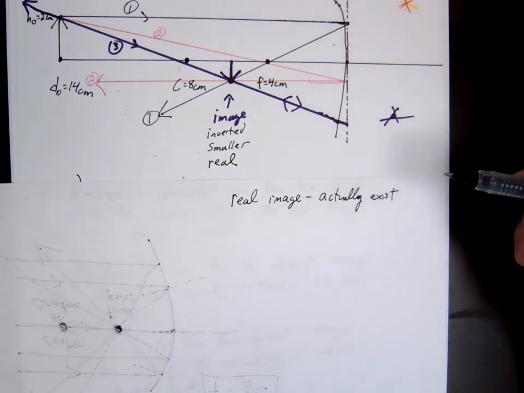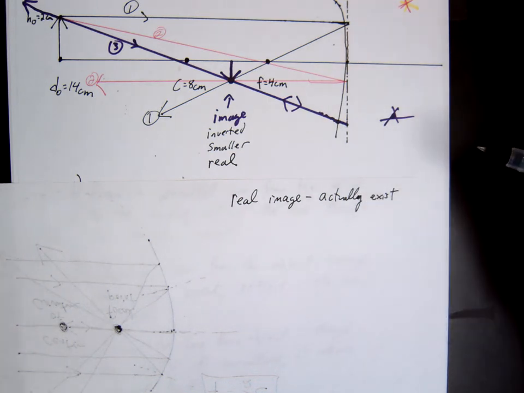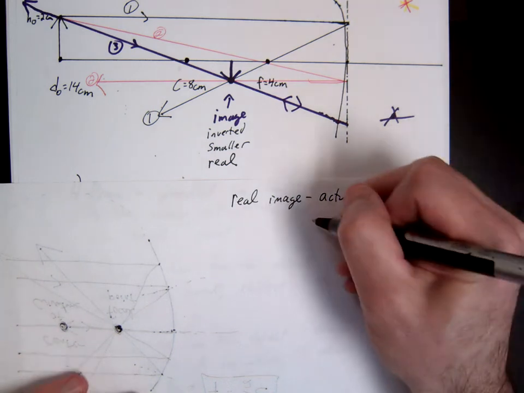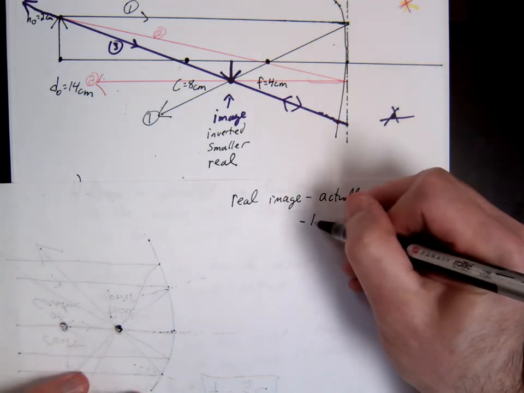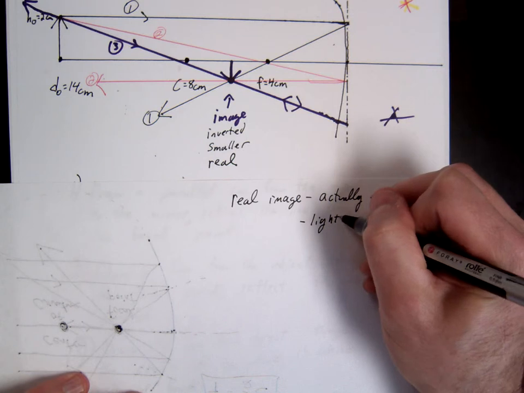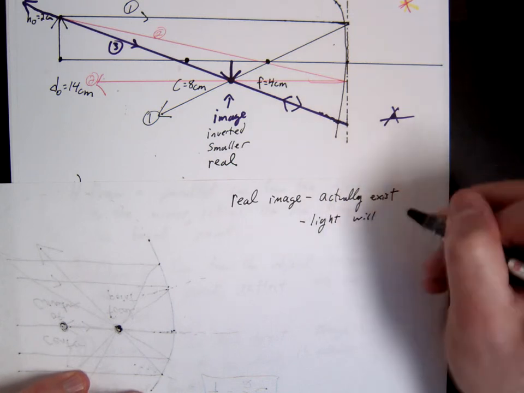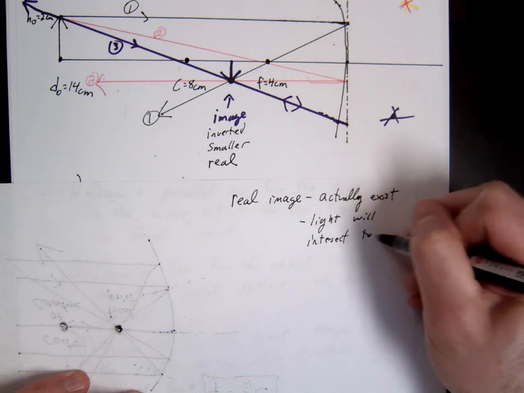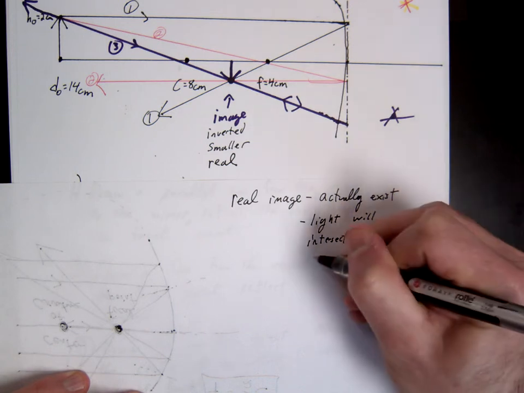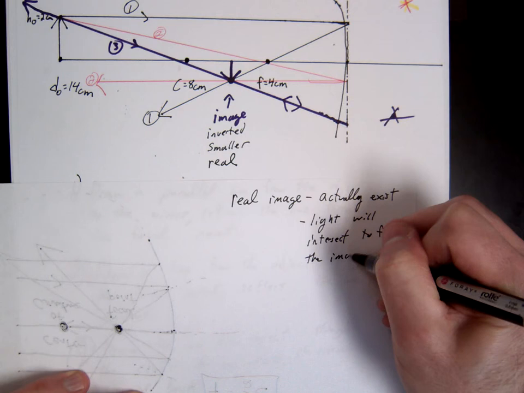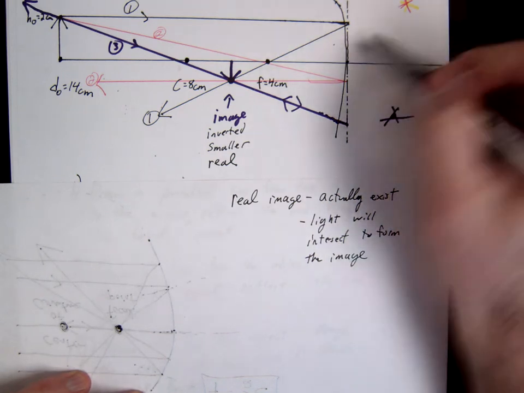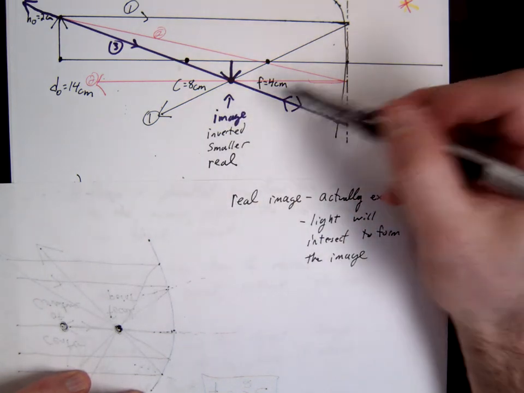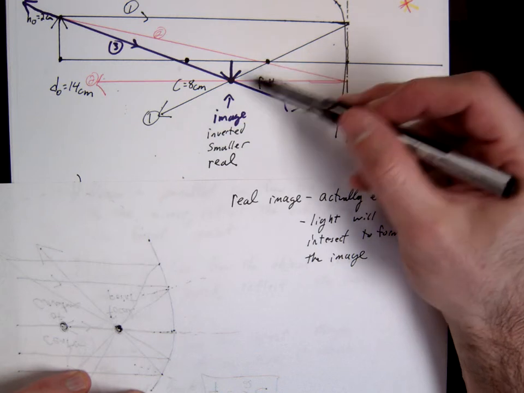So a human doesn't need to be there, the light's still there. So a couple things to think about. Light will intersect to form the image. In other words, these three beams came together, intersected at a point, formed an image right here.